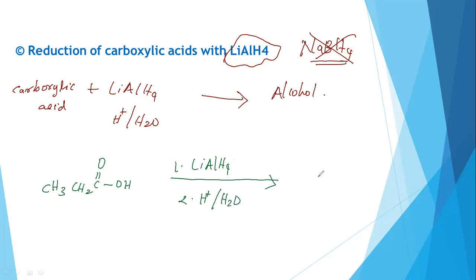You will end up with alcohol. How? This will reduce as a CH2. That's all. So you can write this as CH3, CH2, and use another color. This CO is reduced to CH2 again. CH2OH. Is it clear?